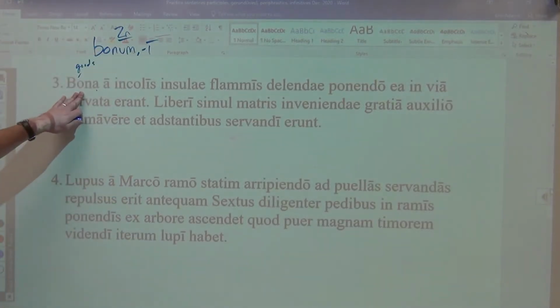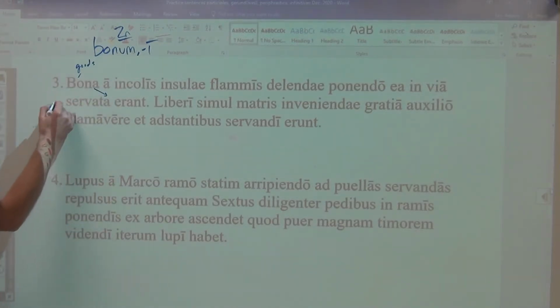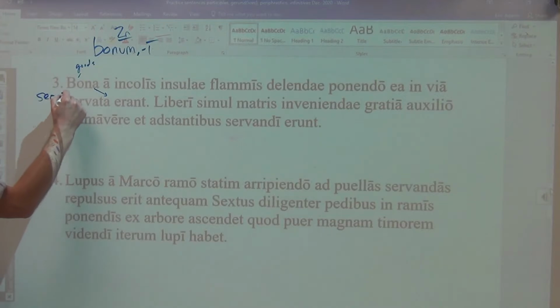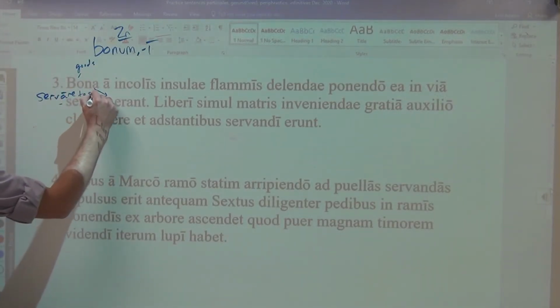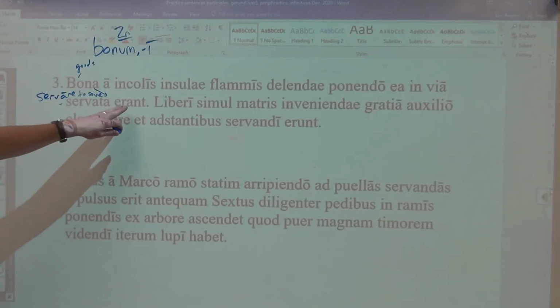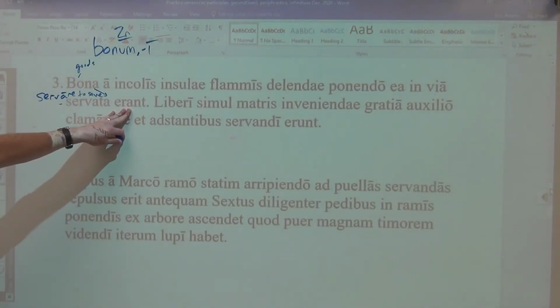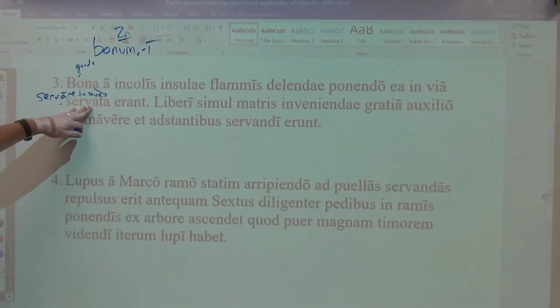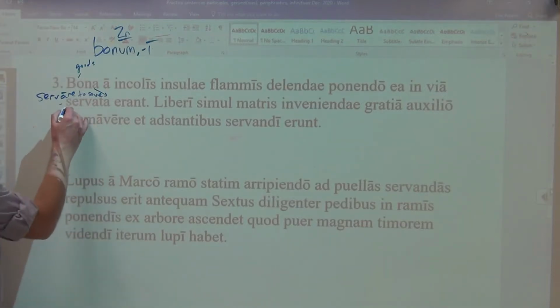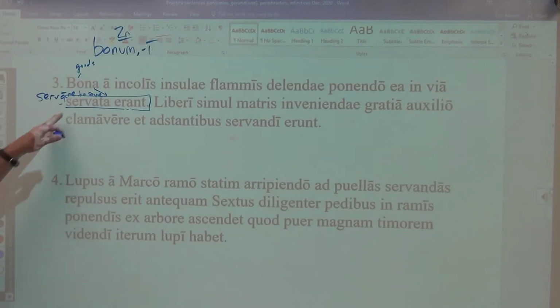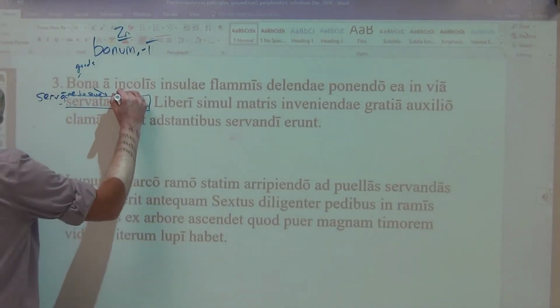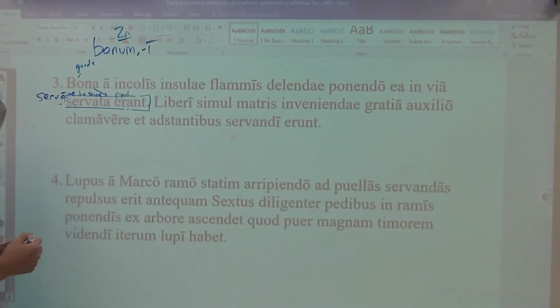It is nominative, and it is the subject of servata erat, which is from the verb servare, which means to save. Now, here we have the imperfect of the verb to be paired with the perfect passive participle. So together as a unit, because you do not see servata, you do not see errant, you see servata errant, it is a pluperfect verb.